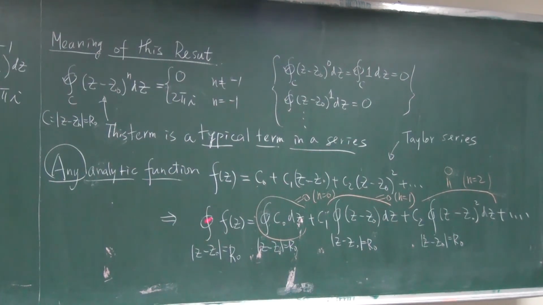Understand? So the power of this formula is now clear. Because we have this formula, we can prove that the integration of any arbitrary analytical function along any circle will be equal to 0. It is a very, very important result.